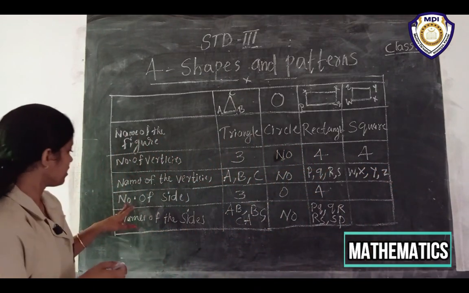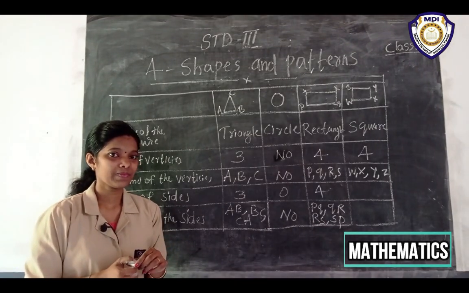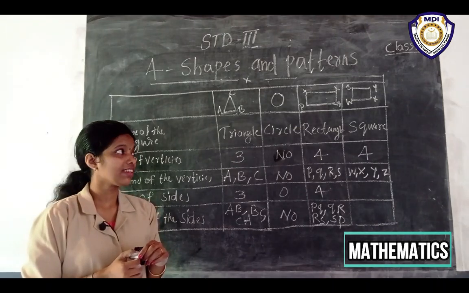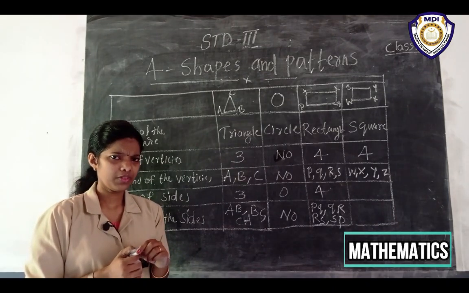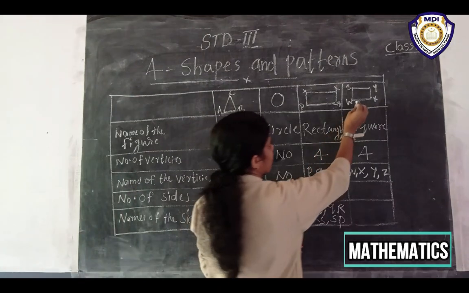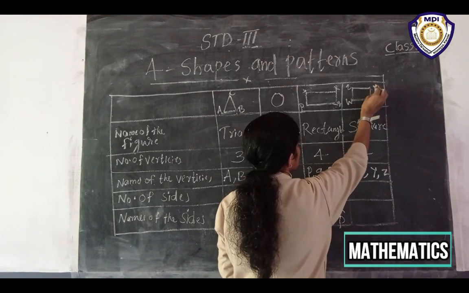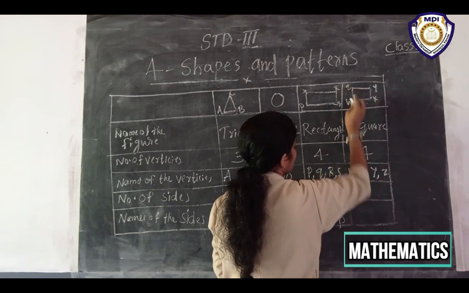Next one is number of sides. Only 4 sides. First, second, then third and fourth.